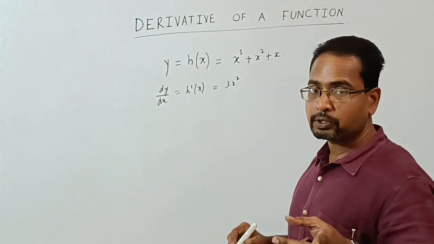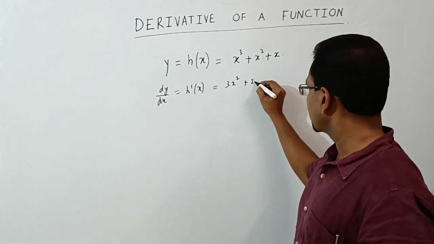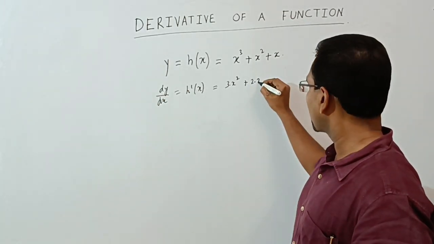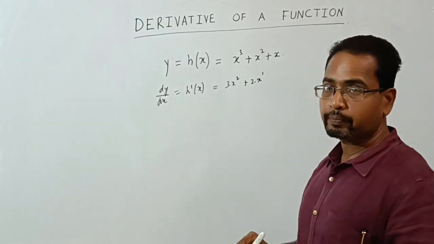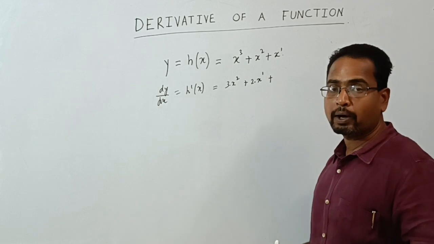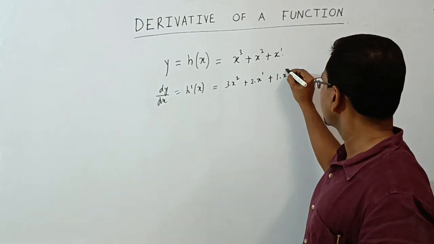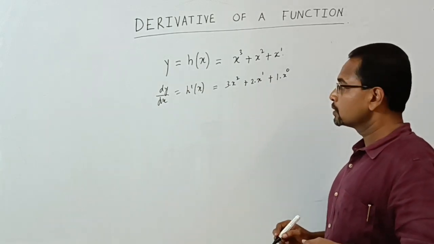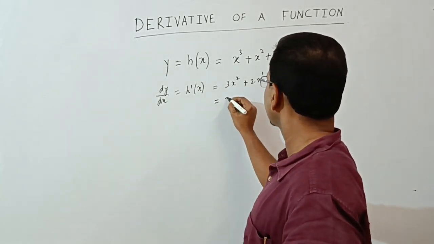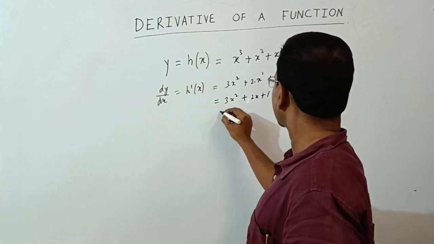Then the differentiation of x square: the power of x will come in front, and the power will reduce by 1 unit. And in the case of x, that means x to the power of 1, so that will come in front, so 1 into x to the power of 0. So h dash x will be 3x square plus 2x plus 1.